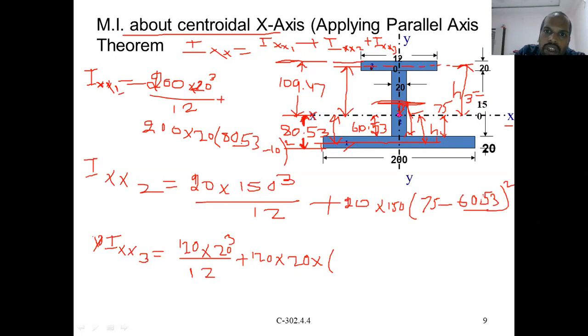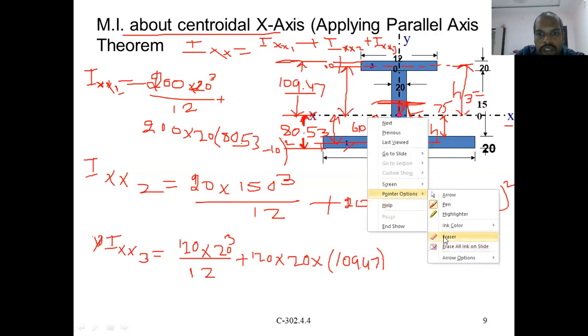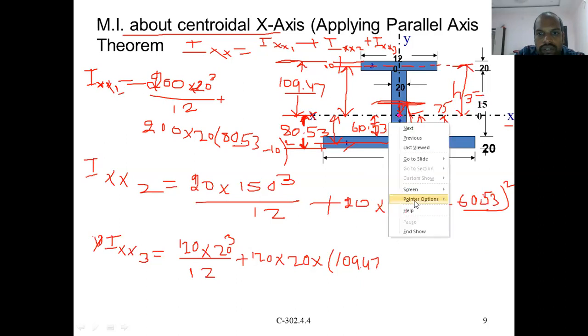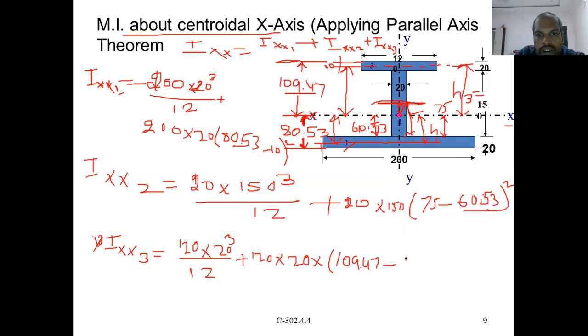How much is this? This is 20 by 2, which means 10 mm. This small gap is 10 mm. So that is 107.47 minus 10, squared.